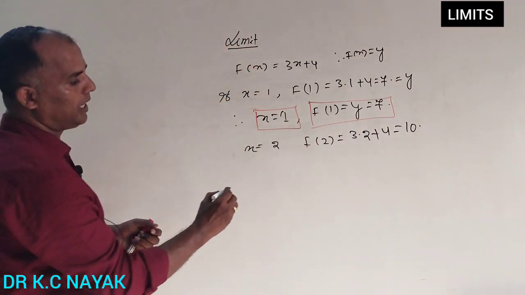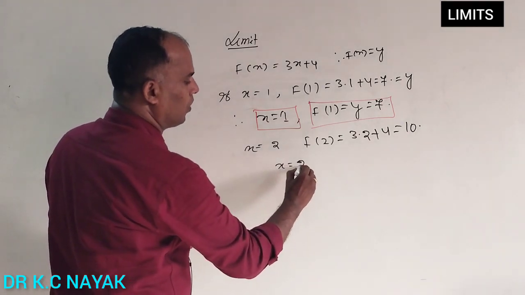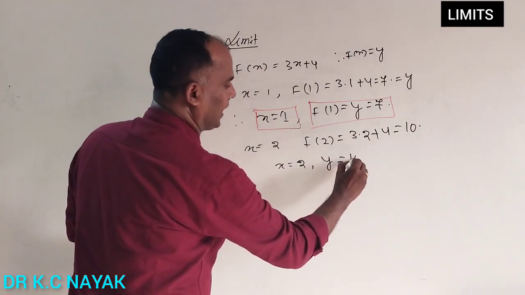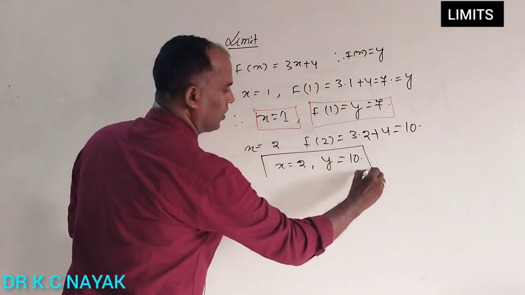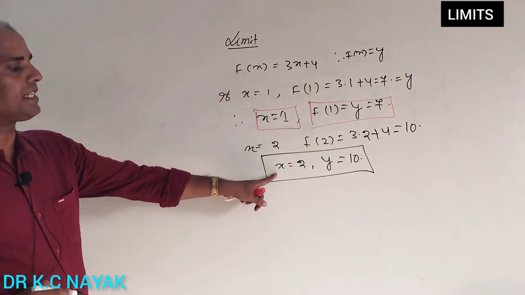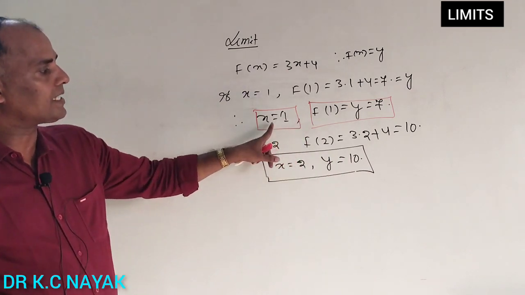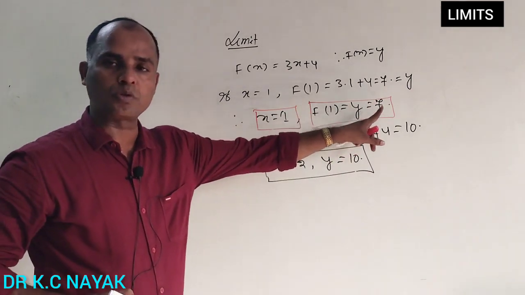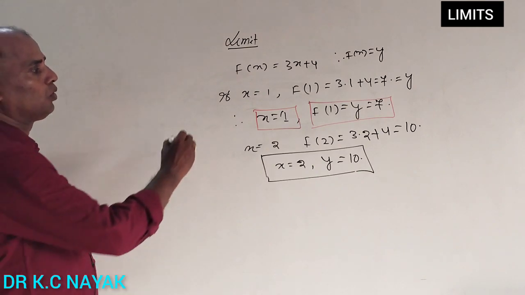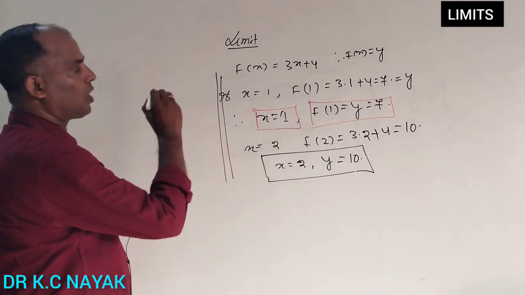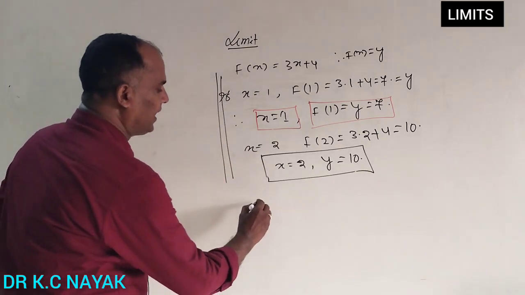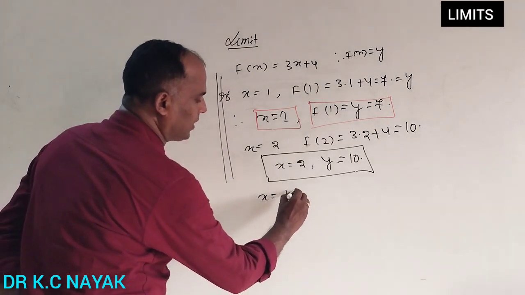That means when x is equal to 2, y is equal to 10. So x is close to 2, y is close to 10. In the first case, x is close to 1, y is close to 7. Suppose we put x is equal to 1.1.